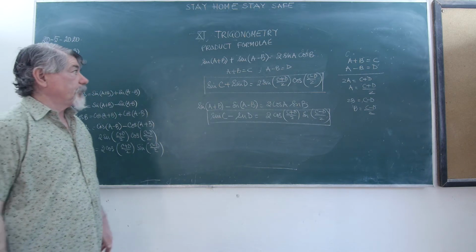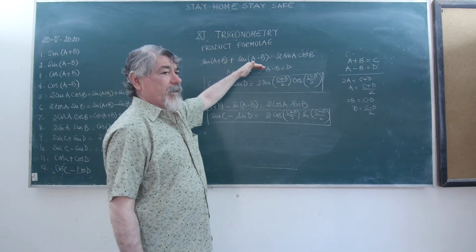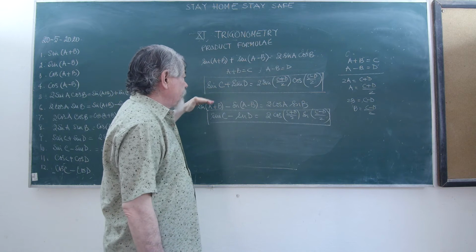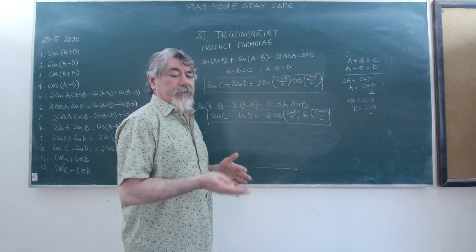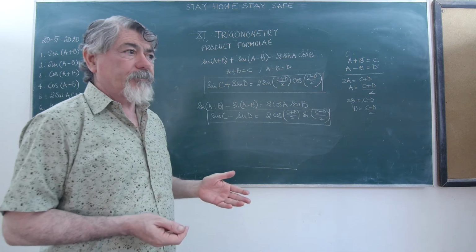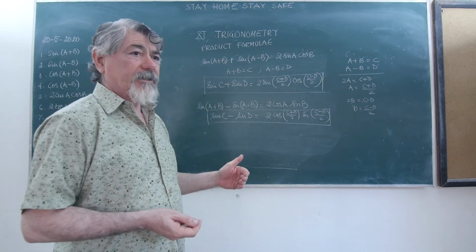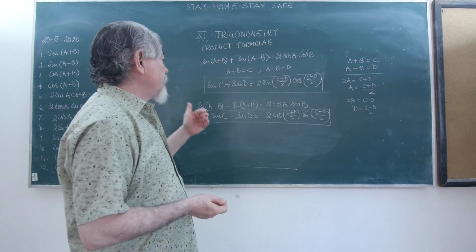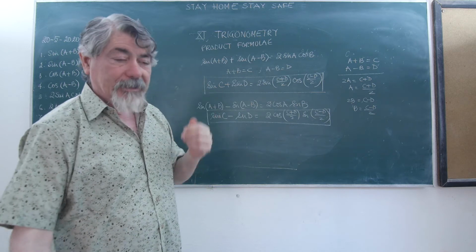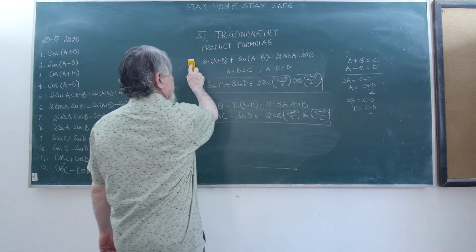We have got these formulas from sin A plus B and sin A minus B. Similarly, from cos A plus B plus cos A minus B and cos A plus B minus cos A minus B, let us see what we obtain.